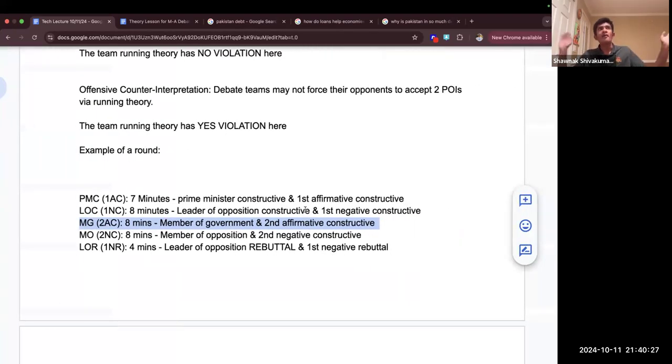I've had 10 rounds where I run theory in the LOC. I say theory is a priori, theory is the first layer, you must establish theory first. The MG comes up, spends maybe less than a minute on theory and says, this is so stupid, let's talk about the actual debate, guys. This is nonsense. And then they go talk about case.